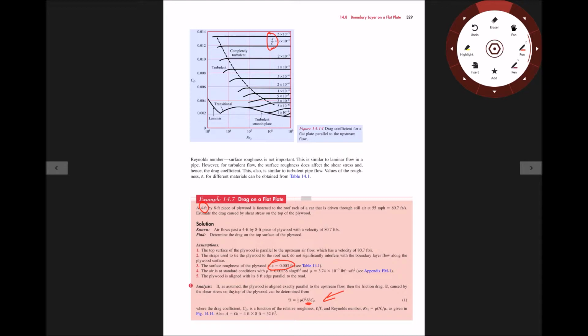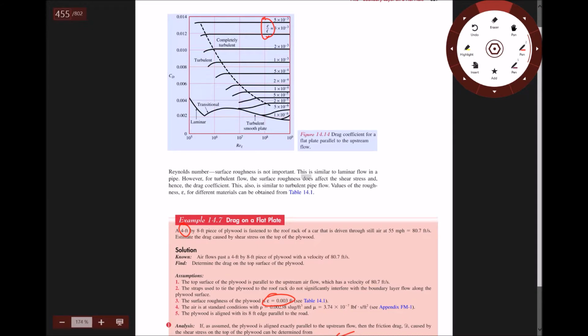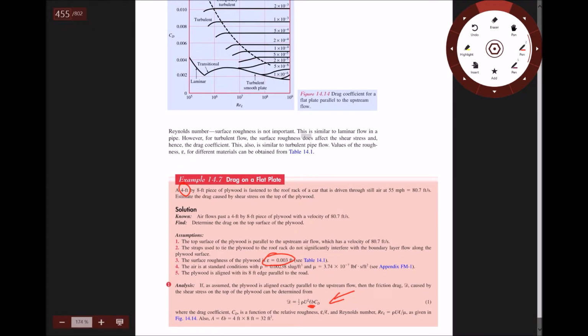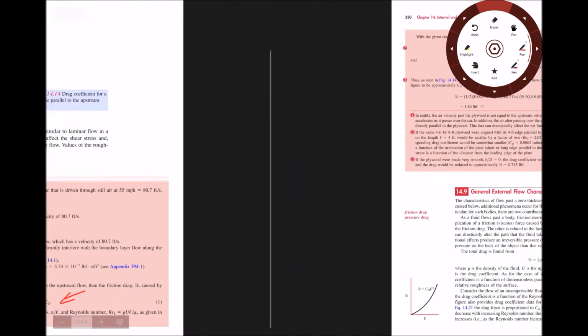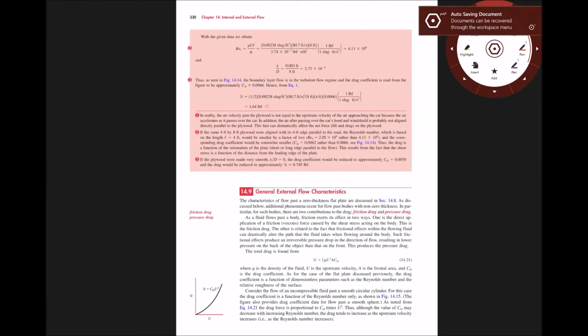To find CD, we use figure 14.4 that's up here, and so we are able to calculate our epsilon over L. 8 is the length.